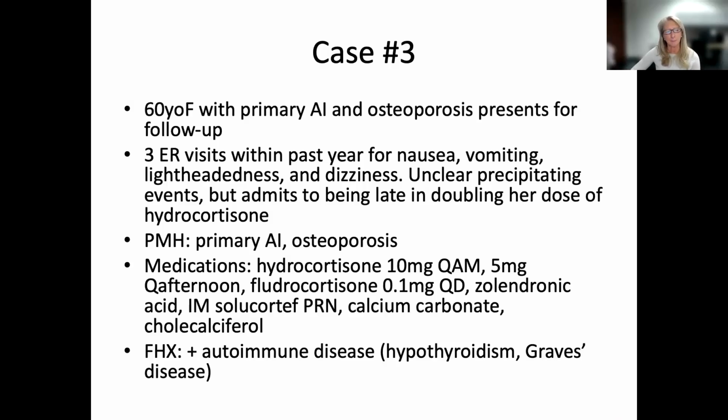Her past medical history includes primary AI and osteoporosis. Her medications are hydrocortisone, 10 milligrams and 5 milligrams, fludrocortisone at 0.1 milligrams, zoledronic acid, IM Solu-Cortef as needed, calcium carbonate, and cholecalciferol. Her past medical history also includes autoimmune disease, including hypothyroidism and Graves' disease.